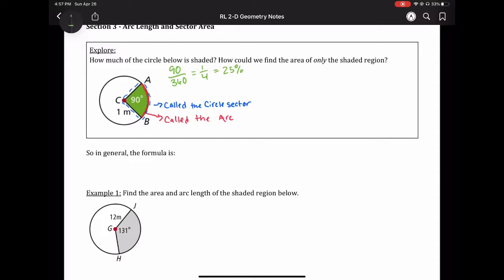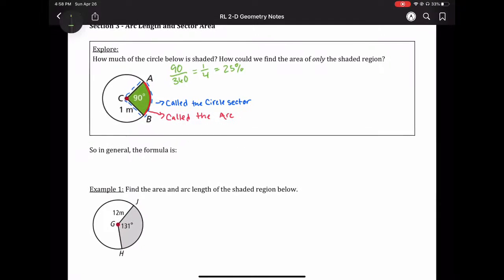Then it says, how could we find the area of only the shaded region? Well, we can find the area of only the shaded region if we find the total area of the circle and multiply it by the fraction of the partial area.